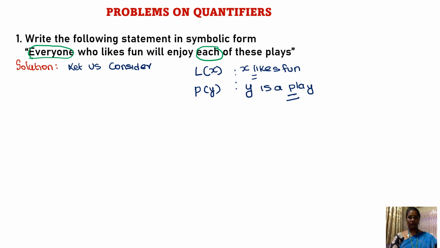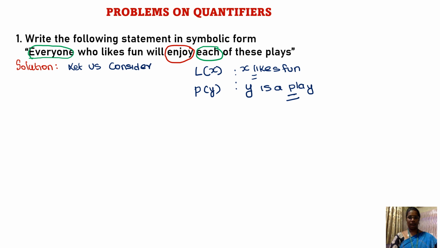Now see how these two are being connected. In the statement we see that there is a connecting property, enjoy: everyone who likes fun will enjoy each of these plays.